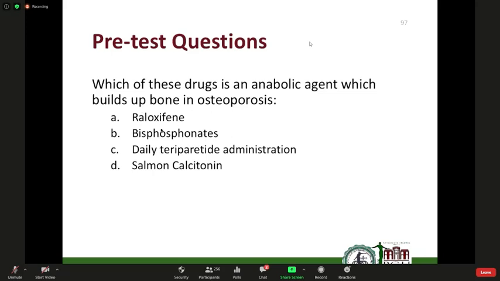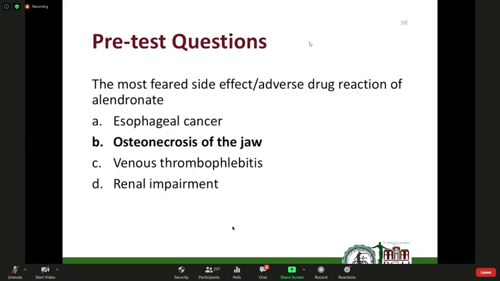Bisphosphonate is an anti-resorptive. Daily teriparatide administration: so even if it's daily, it's low doses of PTH. And so the correct answer is C. Calcitonin has the unique ability to rapidly decrease bone resorption, but it's mostly actually used for painful osteoporosis. So the answer is C. Okay. Ayan, may sagot na kagad.